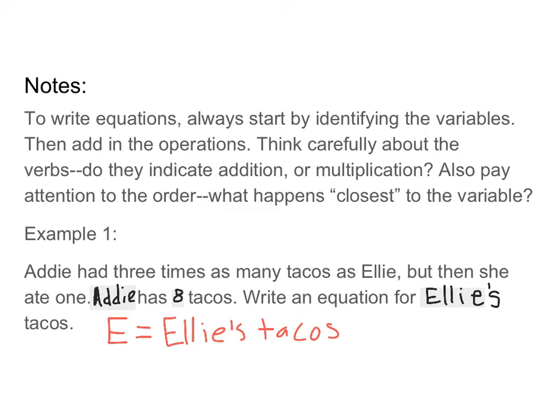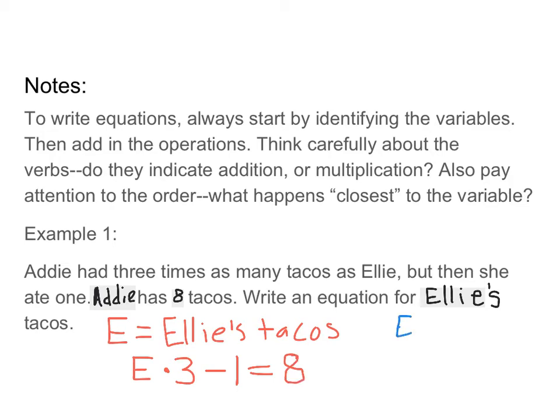So we know that Addie has 3 times as many tacos as Ellie. So Ellie, or E, times 3 is going to equal Addie, except we have to take away 1 because she ate 1. And then that would equal A for Addie, and we know what that is, that's 8.